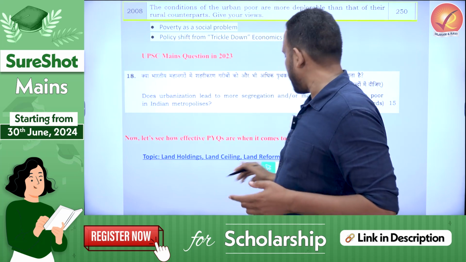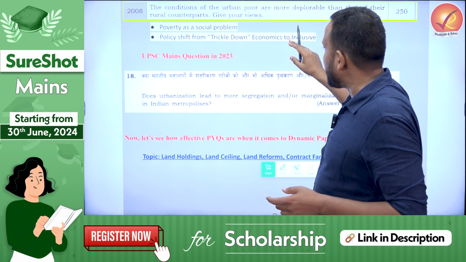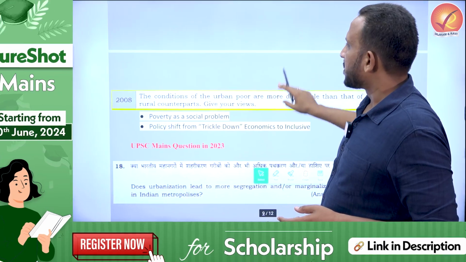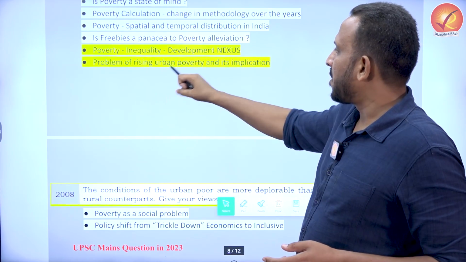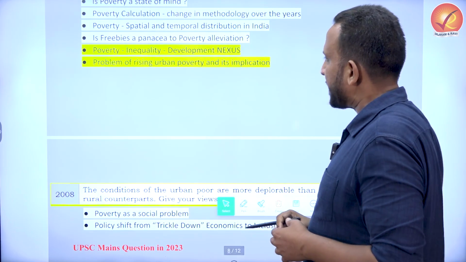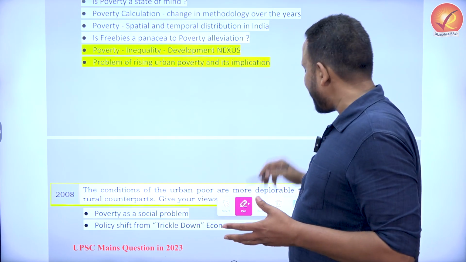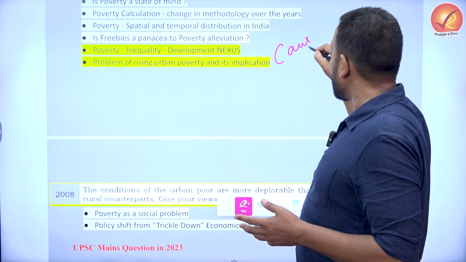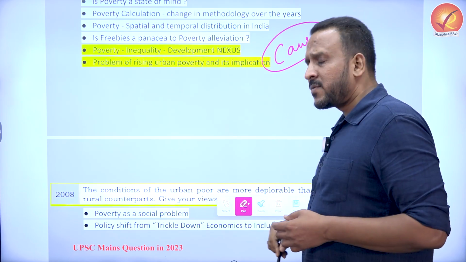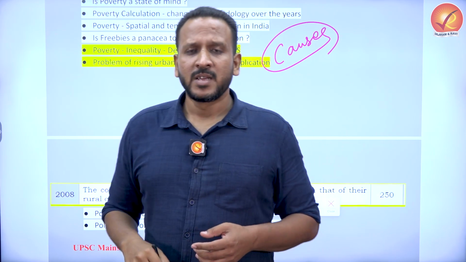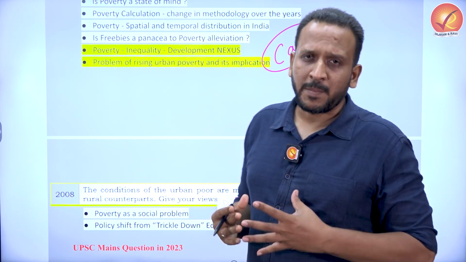Because in the answer or notes of the theme, problem of rising urban poverty and its implication, don't you think you will be writing the causes? So urbanization is one of the causes, right? So that is how you have to prepare the notes.